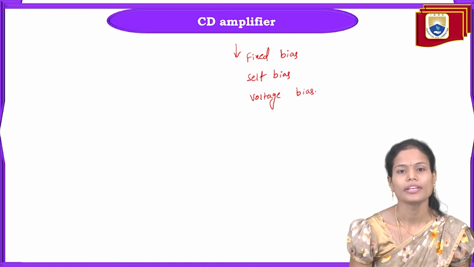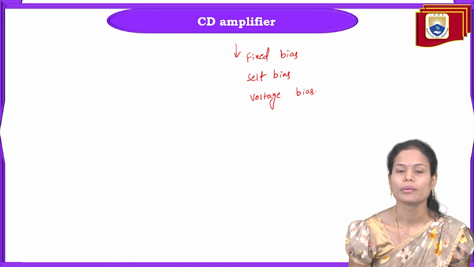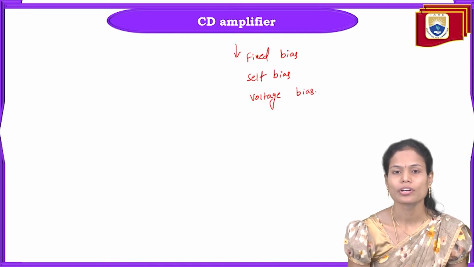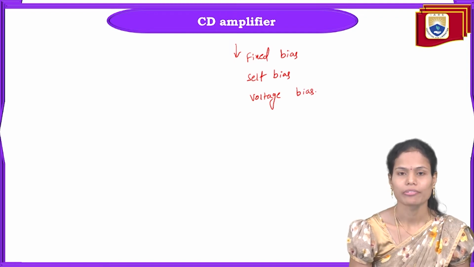Any FET amplifier, whether common drain, common source or common gate, can utilize fixed, self or voltage divider biasing techniques to provide the proper biasing to get the proper amplified signal across the output.